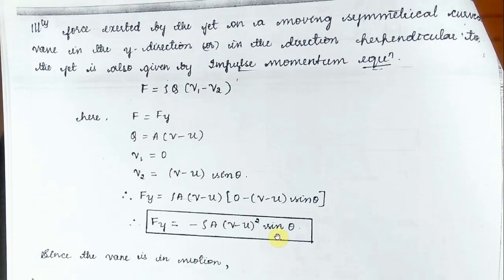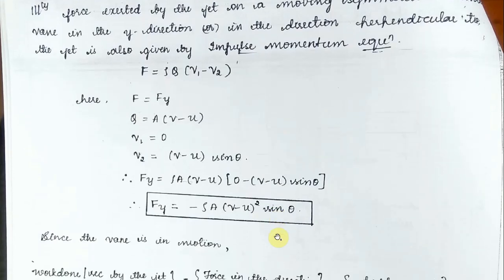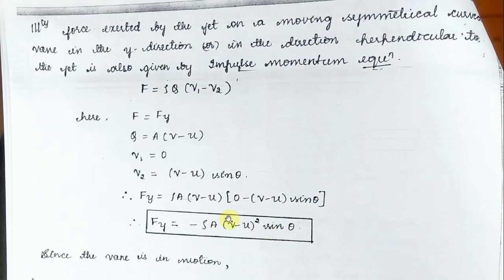Okay, so next one: the force exerted by the jet on a moving symmetrical curved vane in the y direction, perpendicular to the jet, whereas before it was in the x direction, is also given by the impulse momentum equation.